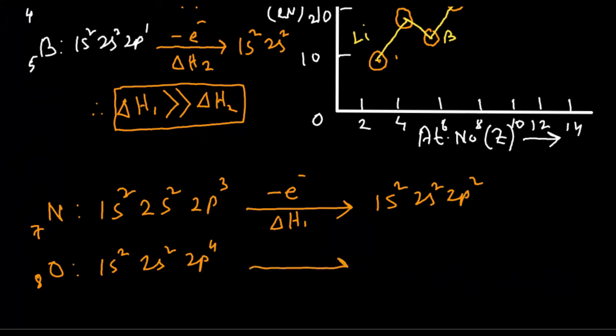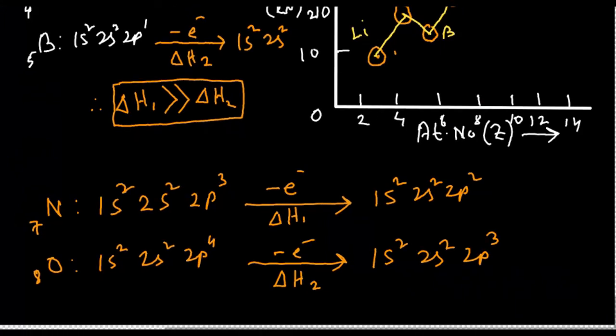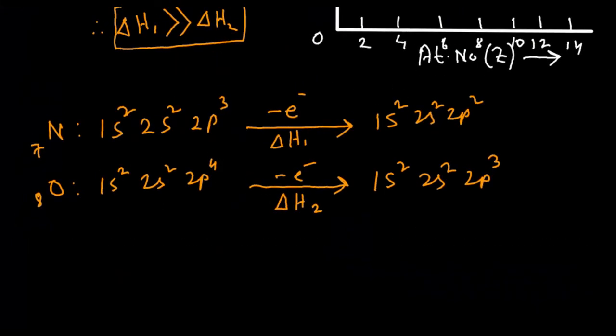While for oxygen, you can see that if oxygen releases one of its p electrons, then what will happen? It will attain the half filled p configuration, 2p3. So which one is more favorable? The oxygen one is more favorable. That means it will require less amount of energy. So delta H1, that is for nitrogen, will be higher than delta H2 for oxygen.